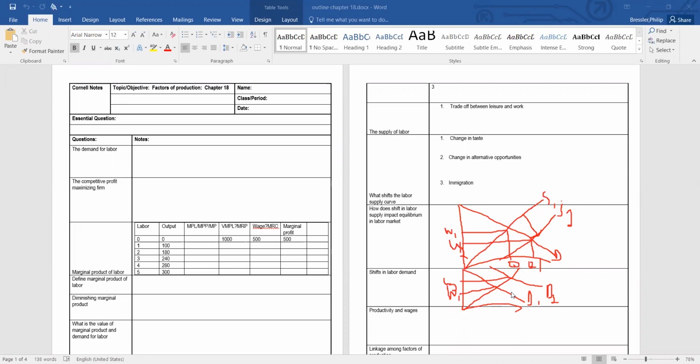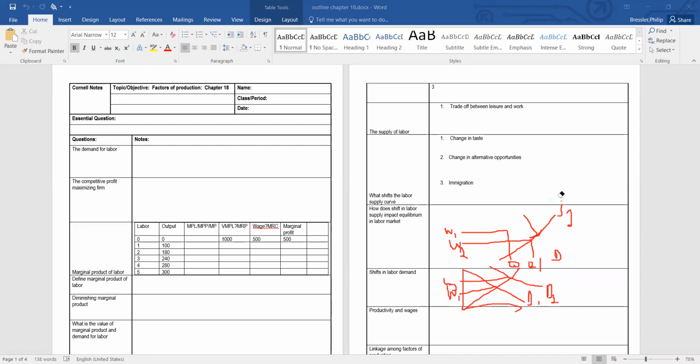And just like if I'm a painter and there's a shortage of paint, the demand for painters is going to decrease because why hire all these painters if you don't have paint for them? Okay.